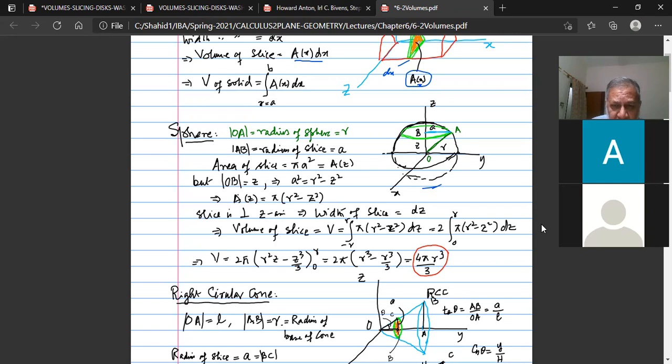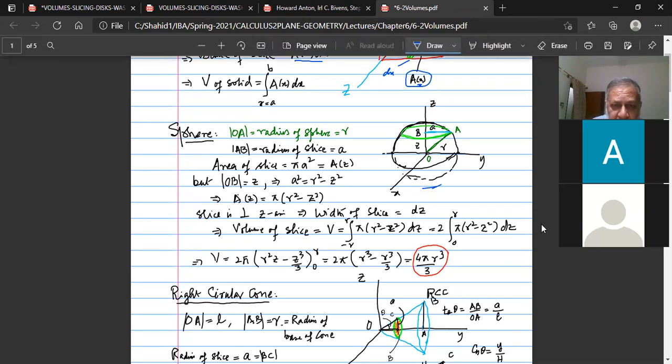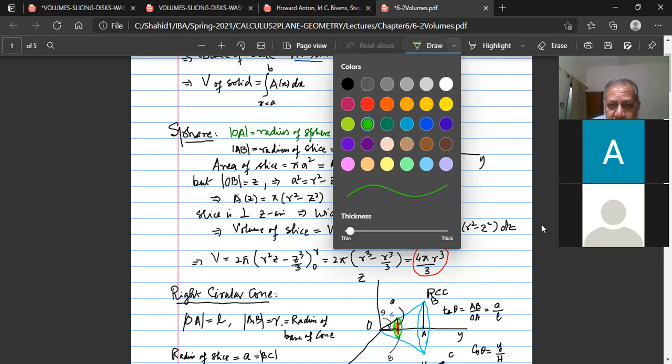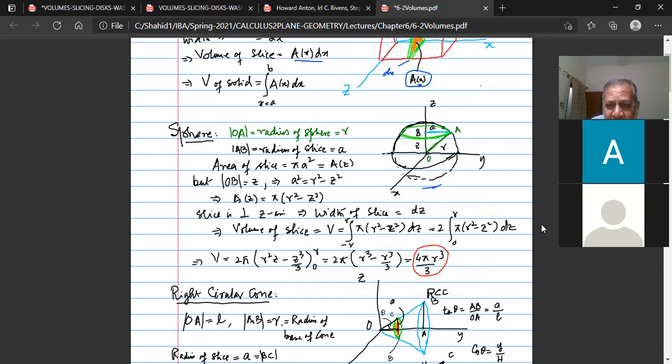So what I'm doing is I'm considering a sphere whose radius is r. I consider a slice in a direction which is perpendicular to the z-axis. That means the area of the slice will be a function of z.